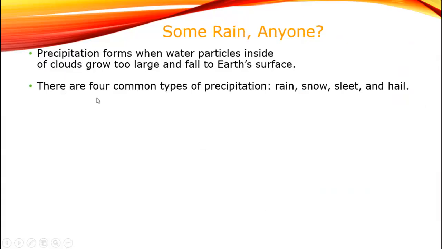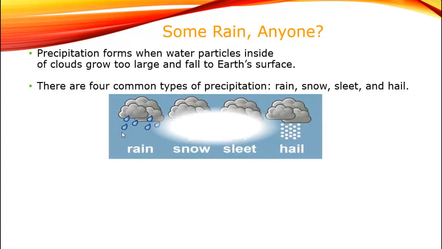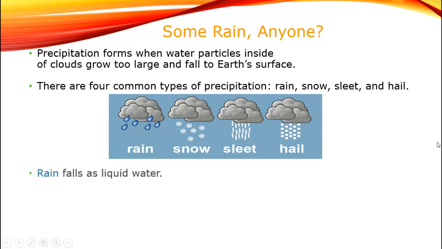Precipitation forms when water particles inside of a cloud grow too large and fall back to the earth. We have four common types of precipitation. They are called rain, snow, sleet, and hail. Rain falls as liquid water.